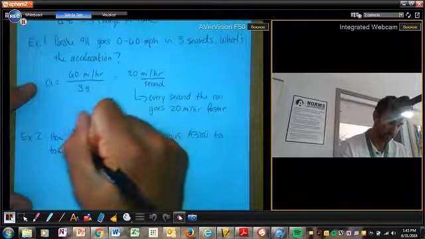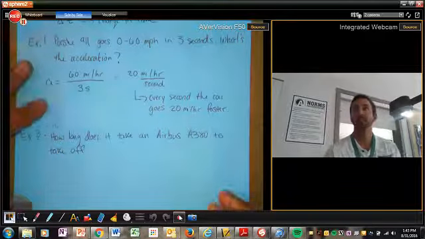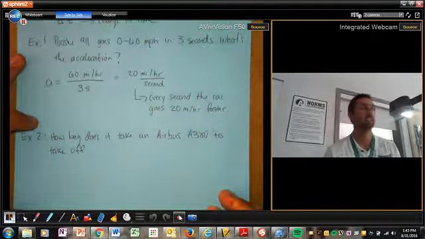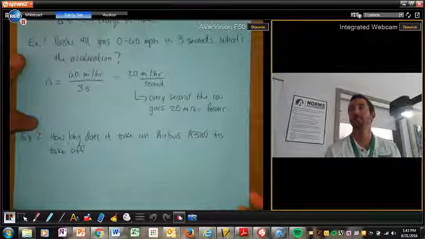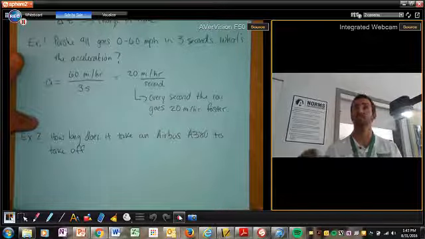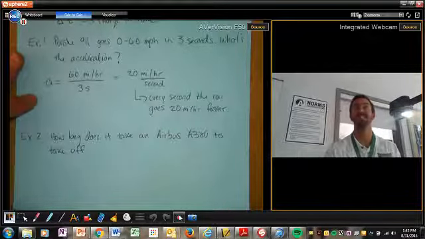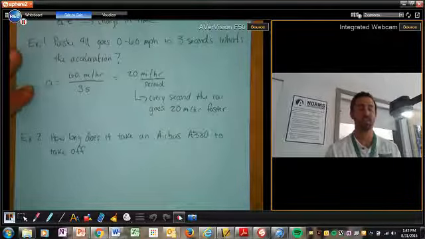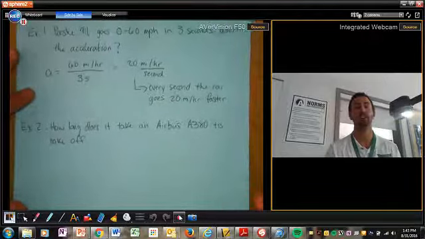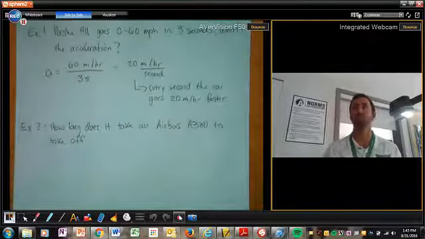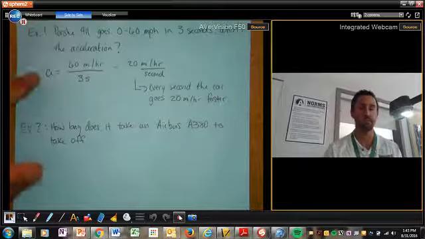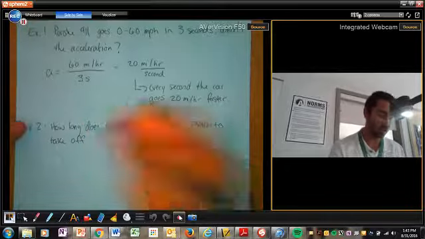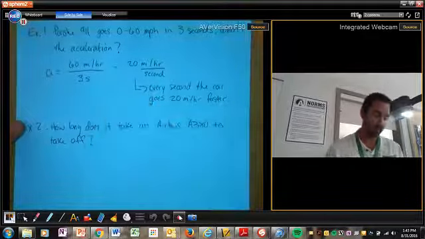Anybody ever done this on the runway? Little side note, anytime you're on a Southwest flight, count how long it takes from when they turn the engines on to the end, and it's always exactly the same time. I had a buddy whose dad flew 777s, and it was exactly 36 seconds from when they put the engine on. So we're going to figure out how long it takes for the Airbus to take off.